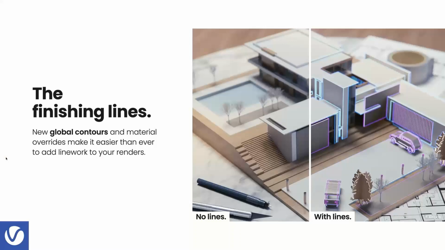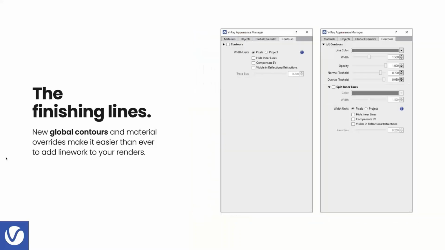Then to give you an easy way to add line work on top of your images, say you're wanting to do some sort of illustration or a presentation where you've got line work added, we've now added global contours as well as individual settings in the materials. So you can quickly add a line color and a width, and tell it to respect opacity.